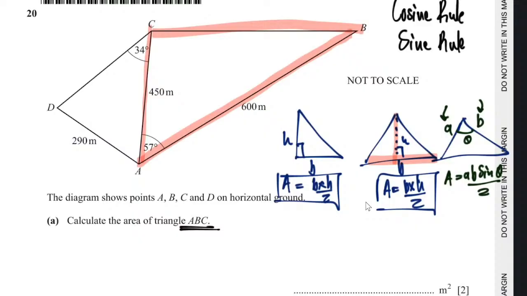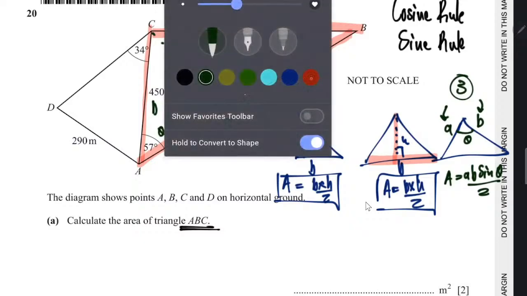So, calculate the area. Everybody can see that this is our A, this is our B, this is our theta. We are using method number 3. We don't have any base and any height. Don't force it. If you had height, they would have given you this one and shown that it forms a right angle. We use formula number 3.